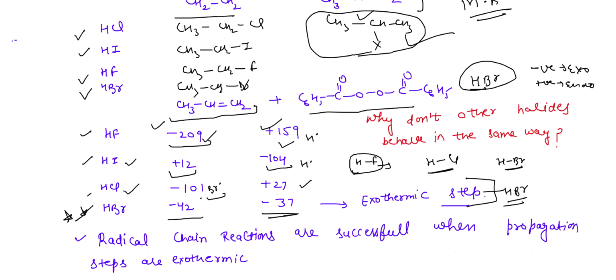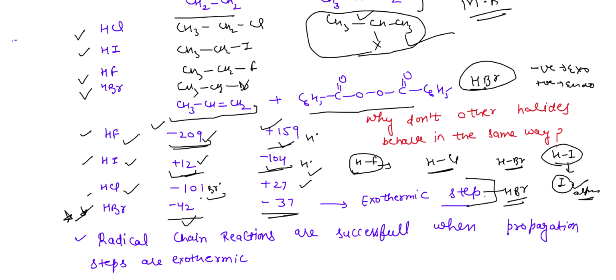But in case of HI, the bond breaks very easily, which means iodine is added to the alkene very readily, but there is not enough energy to add H radical in the second step. In case of HF, the first step is exo, the second is endo. In case of HI, endo, exo. So one step is exo and another is endo in case of the other halogens.